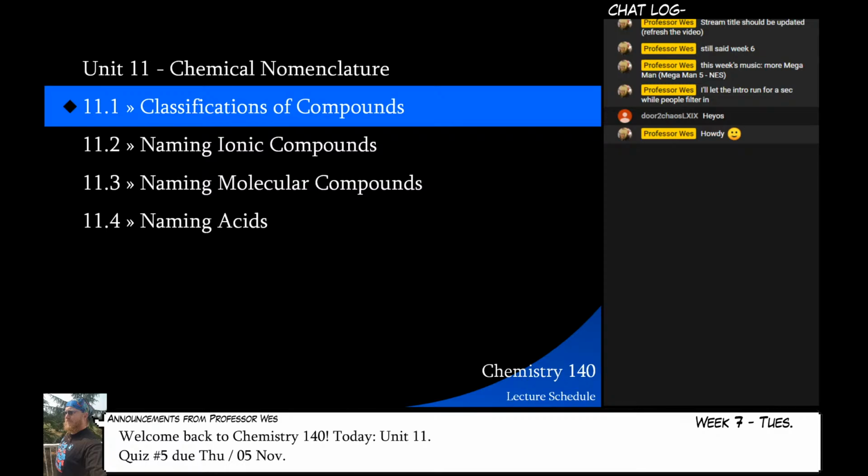So, yeah, that's the overview. There's not really much to say about it. We're going to name stuff. We're going to start by just categorizing things so that we know which of these 3 categories to name. The first section, what we're going to do is learn to categorize a compound, and we're going to use one set of rules for a given compound, okay?